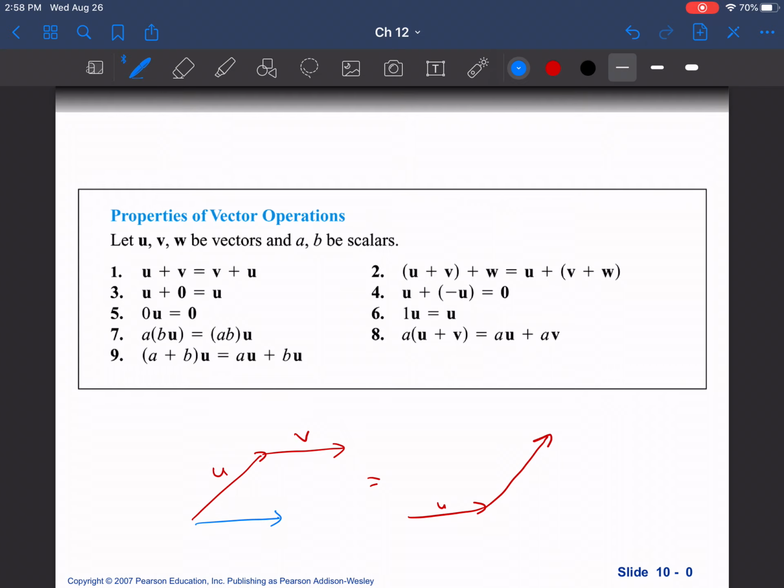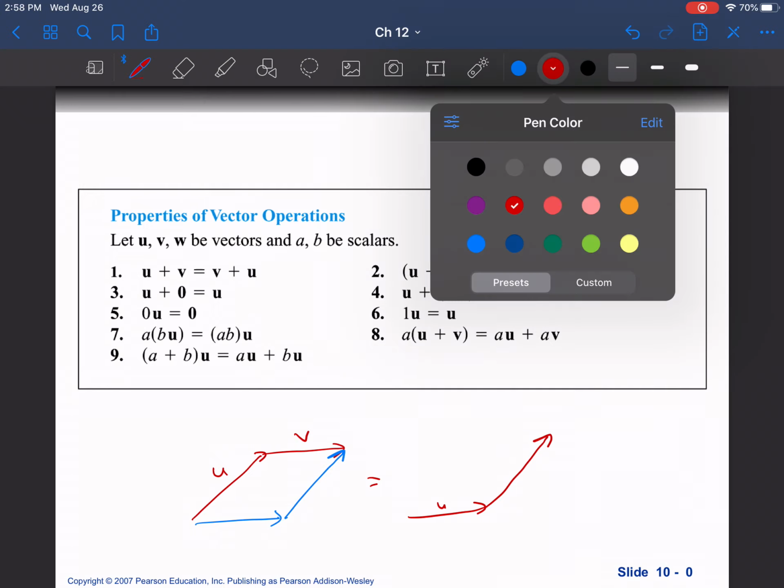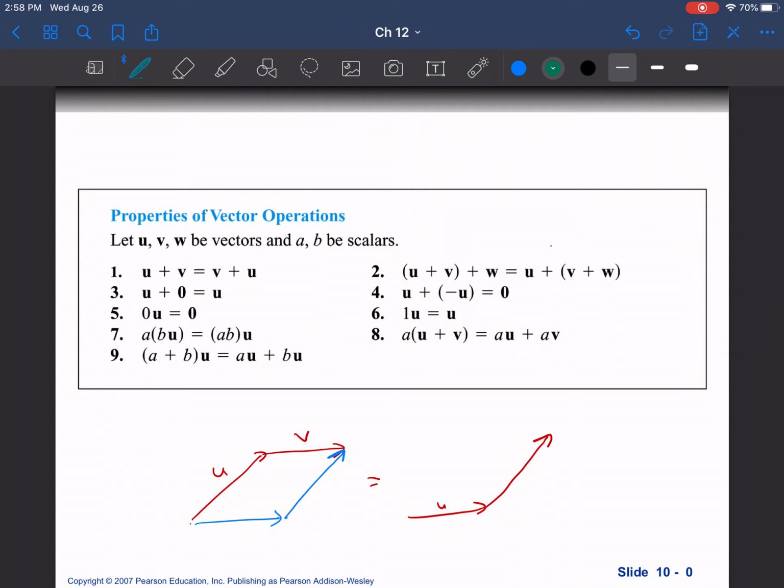Here's v, here's u. They both get you that same resultant vector, whatever it happens to be. So the order doesn't matter for adding vectors, as long as you're doing it correctly.